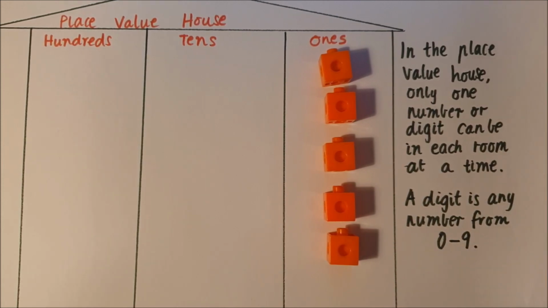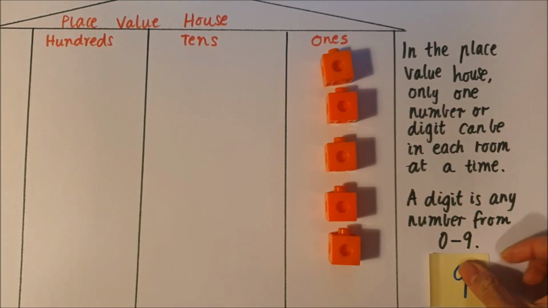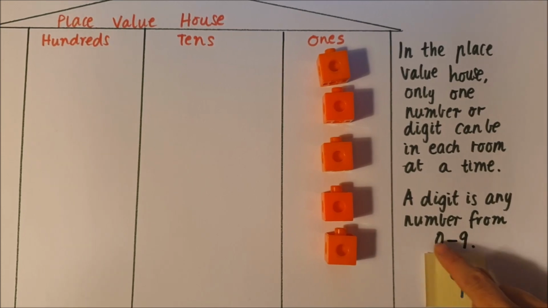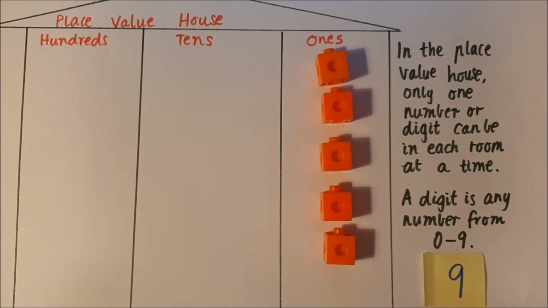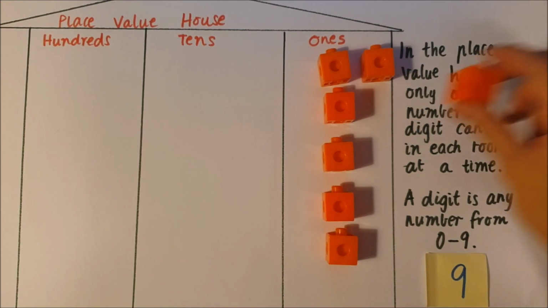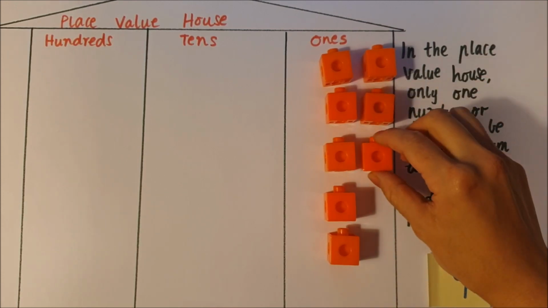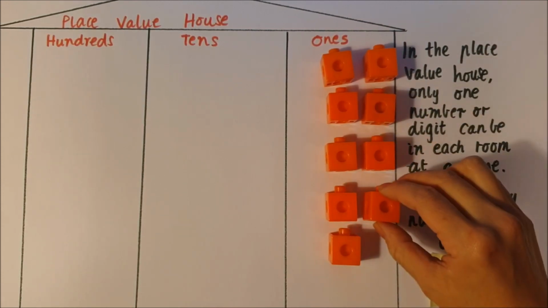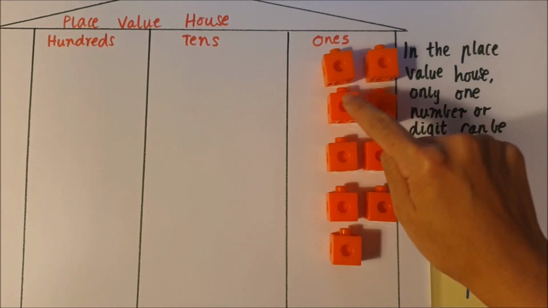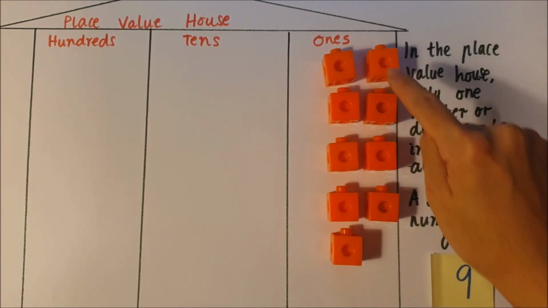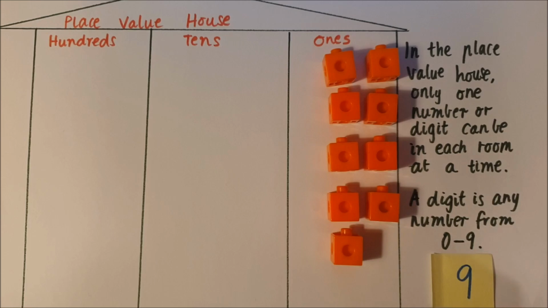Now, if Miss Sang had a number 9, that is still between 0 and 9, which means I can have 9 blocks in the ones room. Let's count that. 1, 2, 3, 4, 5, 6, 7, 8, 9.